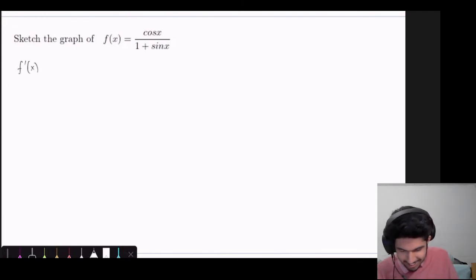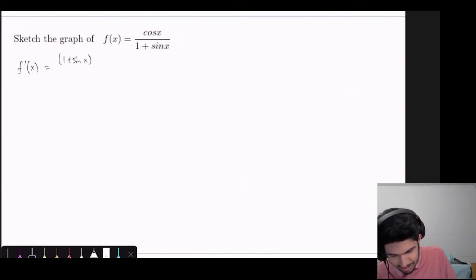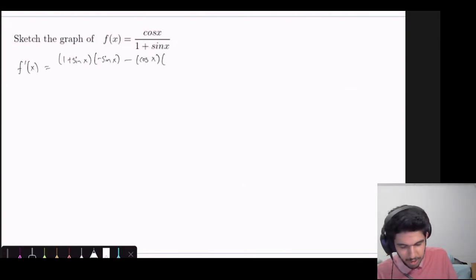And unfortunately, again, it looks like we're going to have to use the quotient rule. So I'll do it on the fly. Low, d high, derivative of cosine x is negative sine x, minus, got that correct this time, high times the derivative of low, derivative of 1 plus sine x is cosine of x.